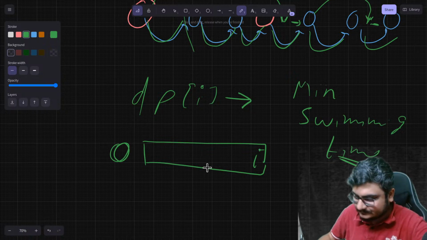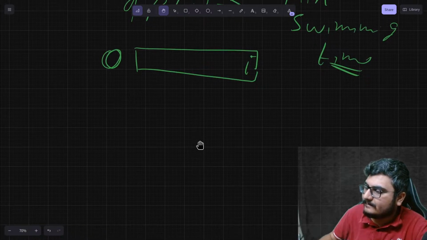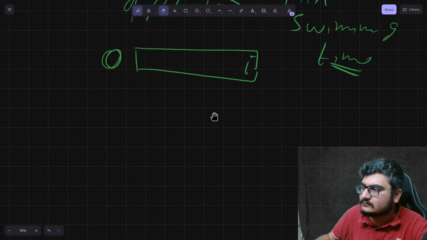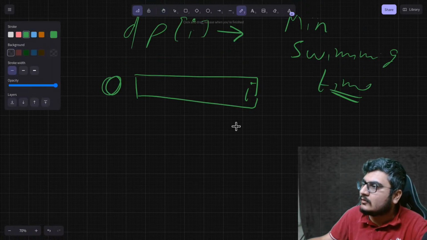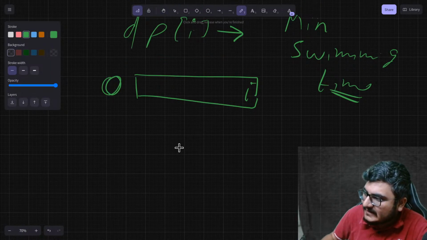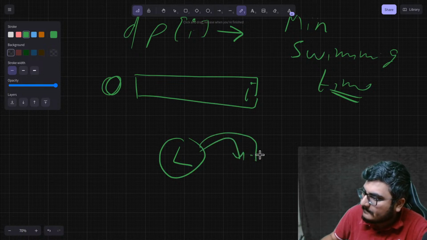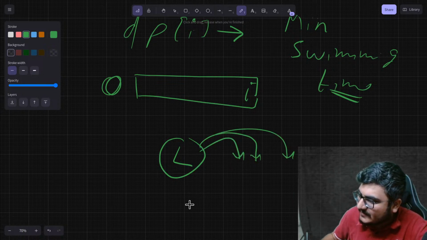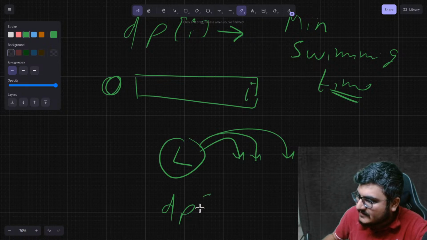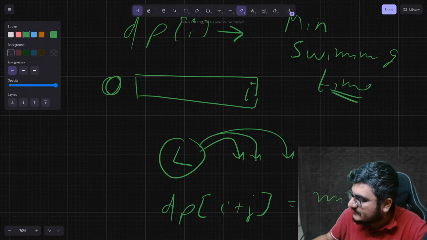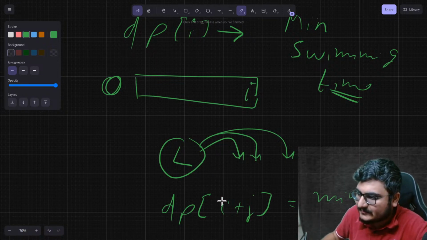And the idea is, if we are at a log, we can directly make some jumps. So we can update dp of i plus j, where j is the jump length, as the minimum of the current value of dp and dp of i, where dp of i is how many times we swam to reach the ith element.